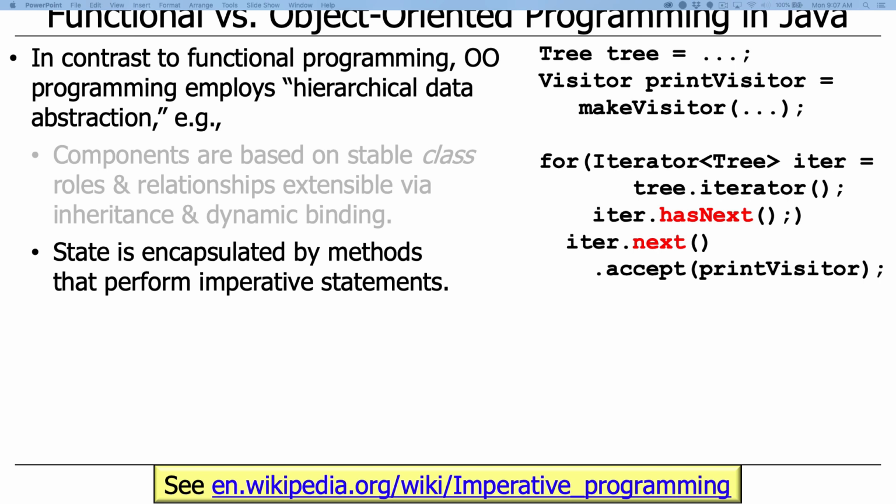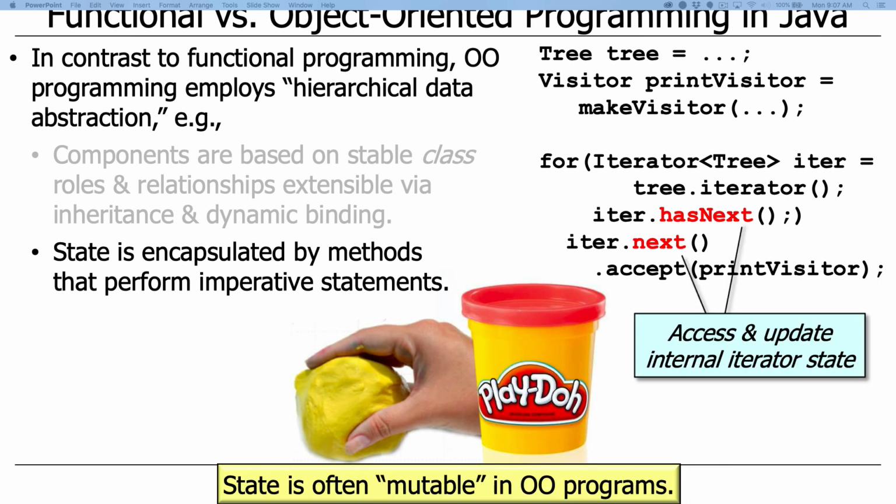But they're imperative. So here's a simple example. We have a little iterator that we talked about before. We're going to iterate through every element in our expression tree. And as you can see, we're going to use hasNext and next, which are basically methods that say, is there still anything we haven't looked at yet in the tree, in the collection? If the answer is yes, then we get the next item and do something with it.